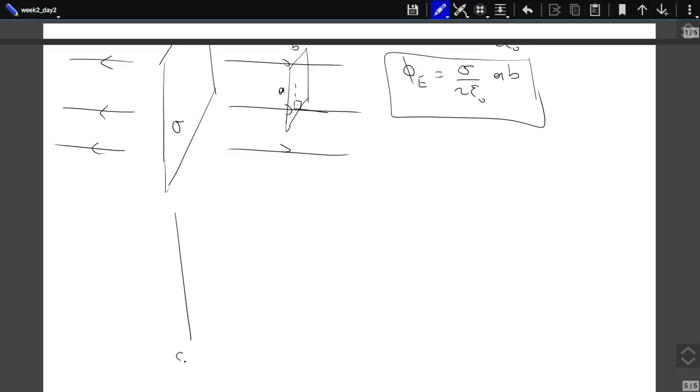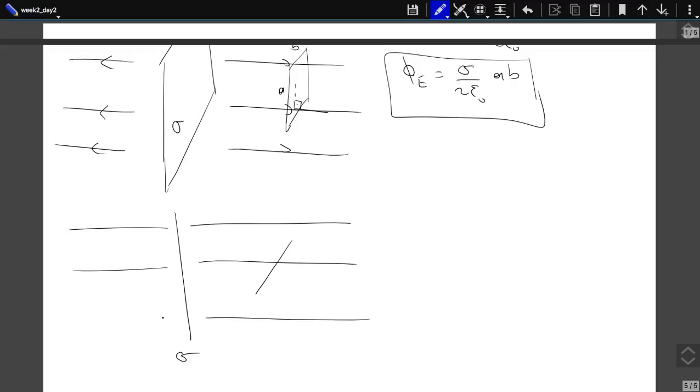Again, take the same planar charge, but this time I will put an area like this. Again, the electric field lines are uniform. Such that this segment over here is A. This angle over here, let's say it is theta.